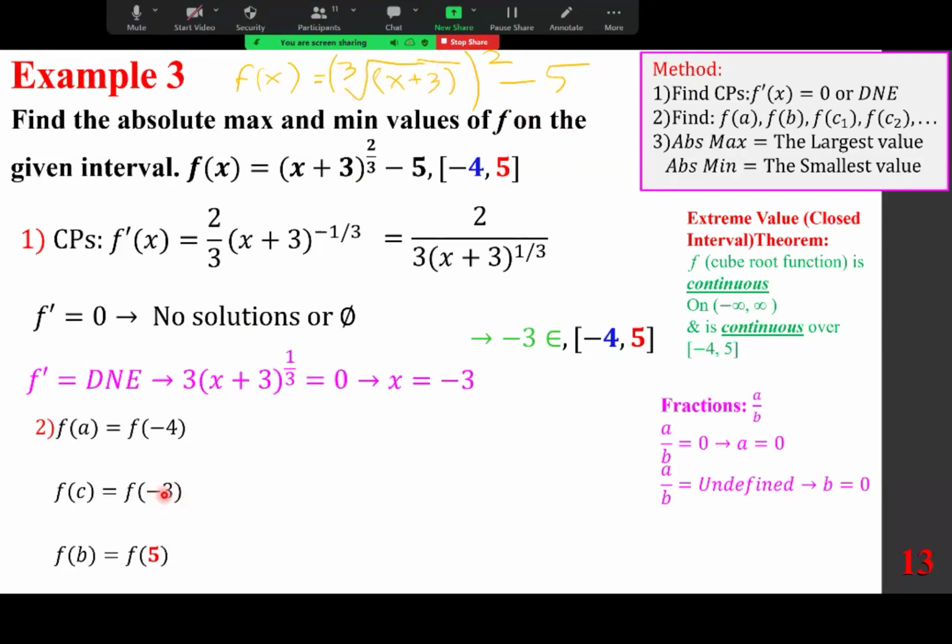Please understand this is simply minus 5. If I plug in minus 4 here, minus 4 and 3 is negative 1, and cube root of that is negative 1. So I have negative 1 squared, minus 5, which makes it 1 minus 5, or negative 4.